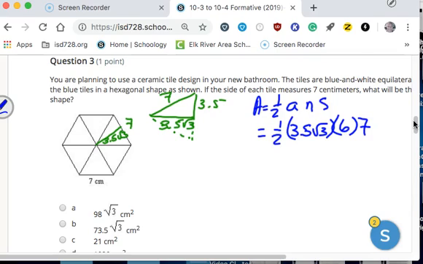They don't have us multiplying it out. So in that case, I'm just going to multiply 3.5 times 6 times 7 divided by 2, and that's going to equal 73.5. And I'm going to put that square root of 3 on the side, and remember these are all in centimeters, and it's squared, so my answer is B.